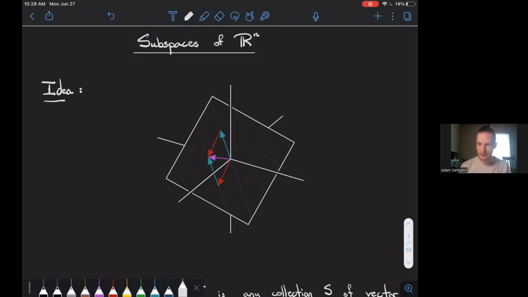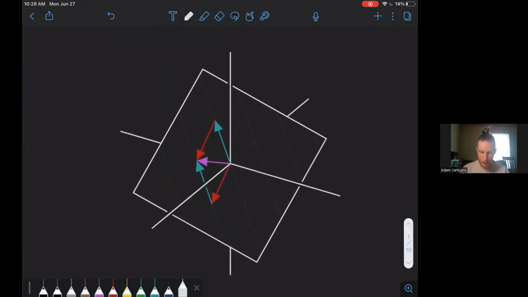I've drawn this picture, which is meant to capture the idea that we want to talk about. This is supposed to look like a plane that goes through the origin in R3, and it's not one of the coordinate planes, right? Something that's tilted and at a weird angle. Let me zoom in a little bit so you can see these grid lines.